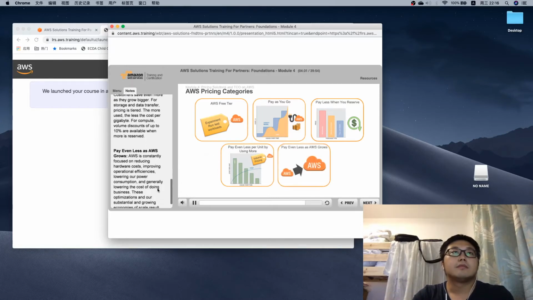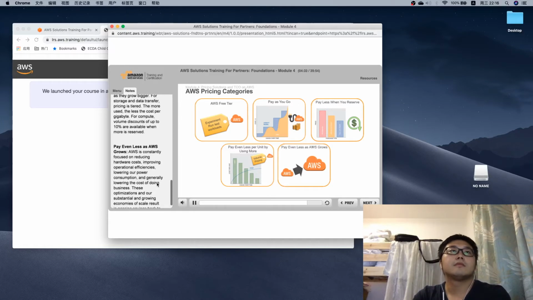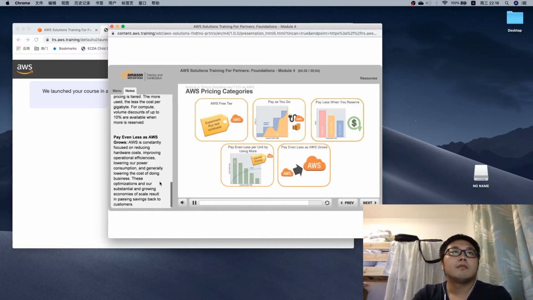Pay even less as AWS grows. AWS is constantly focused on reducing hardware costs, improving operational efficiencies, lowering our power consumption, and generally lowering the cost of doing business.